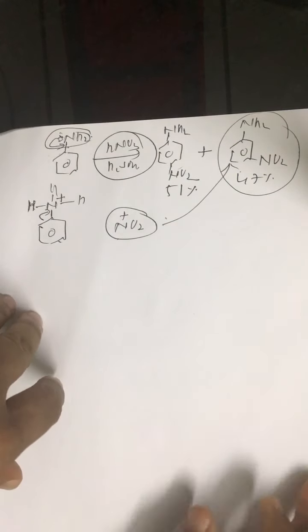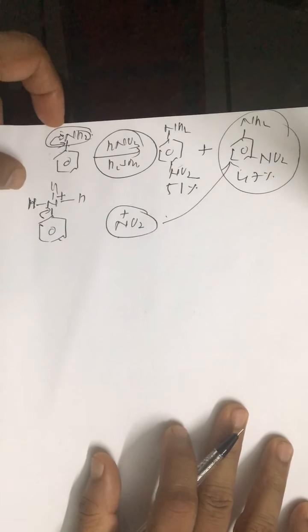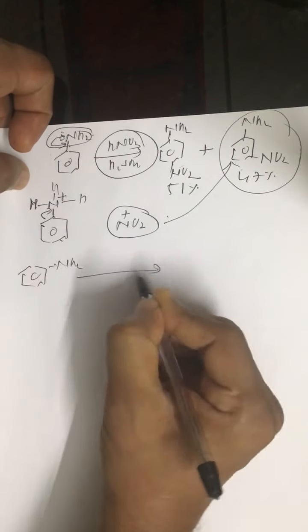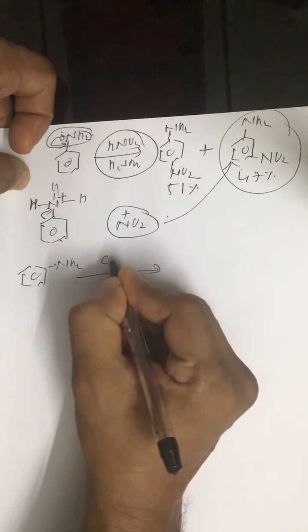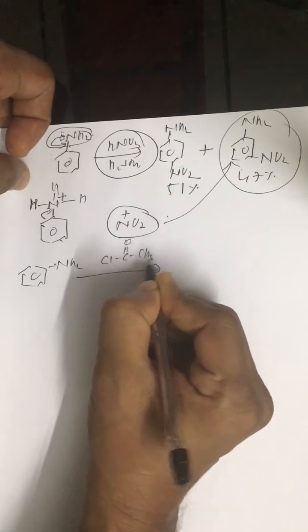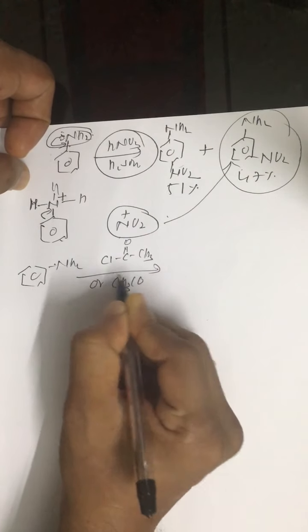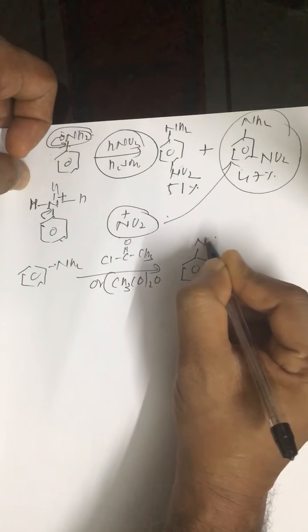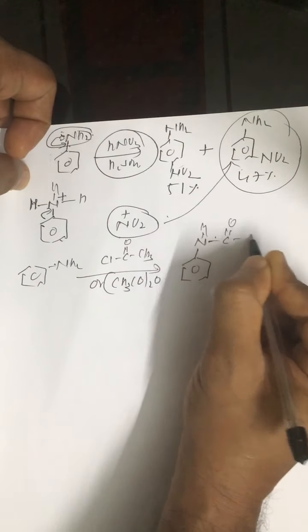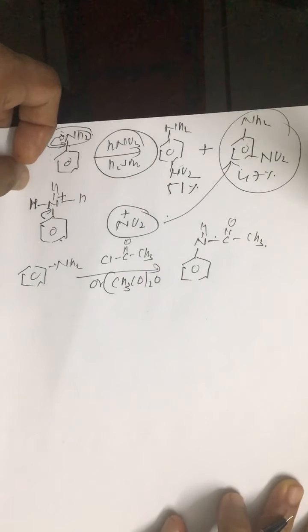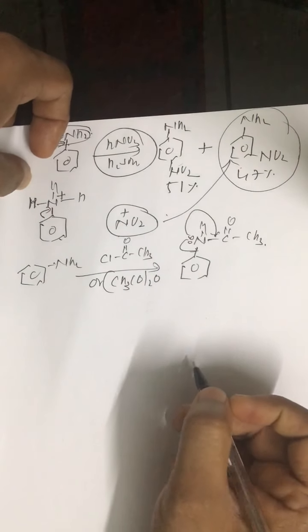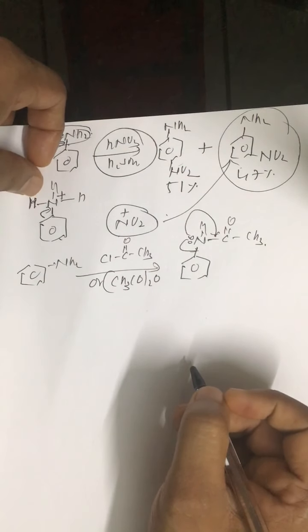And if you don't want to get this meta nitro product, again this aniline, C6H5NH2, can be converted to acetanilide by treating with CH3COCl or acetic anhydride, which means it is acetylated, and we get NHCOCH3. Now the lone pair of nitrogen moves in both directions, so it is not easily available for protonation.